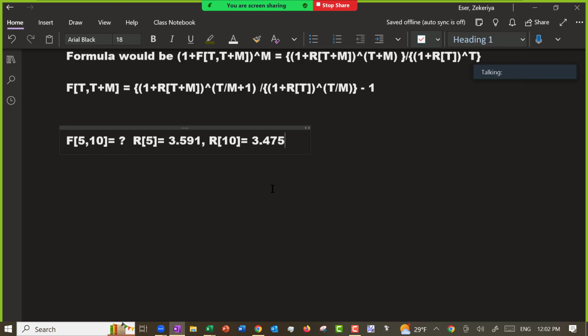First of all, given this, do you think the forward rate is going to be higher than around 3.5 or lower? Based on these numbers, just without even calculation, can you think the 5-year 5-year forward rate is going to be greater than about 3.5 or less?